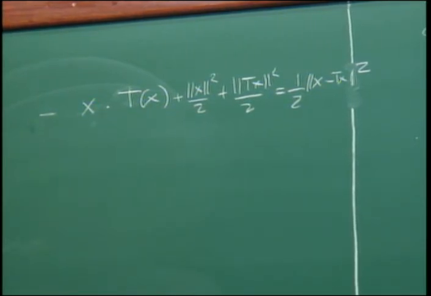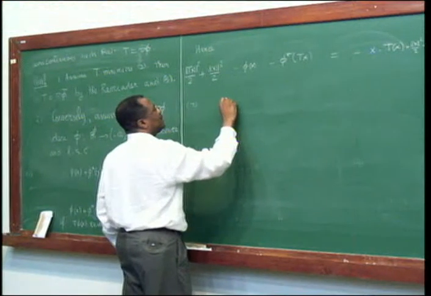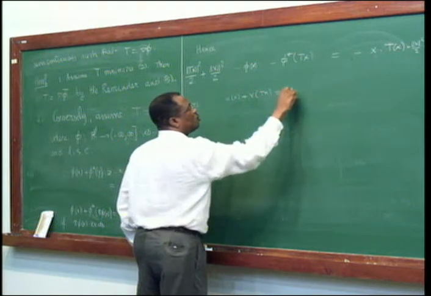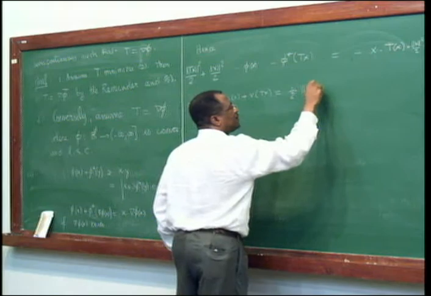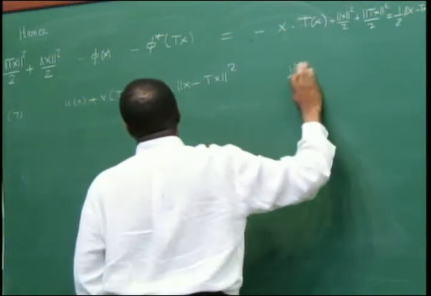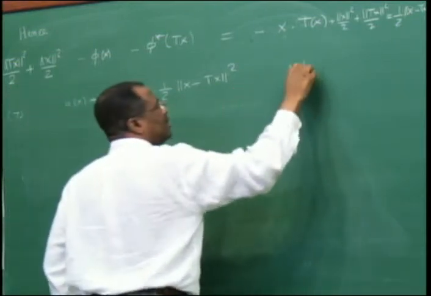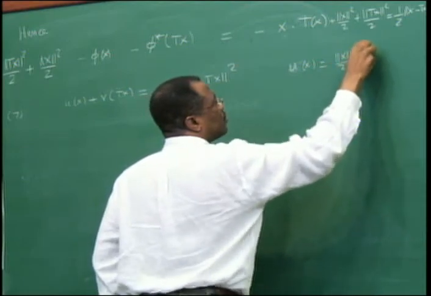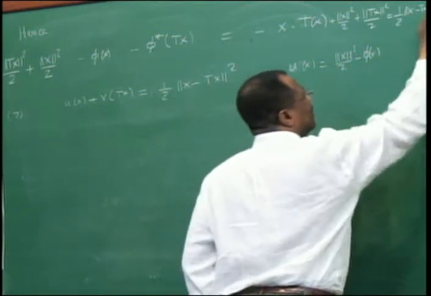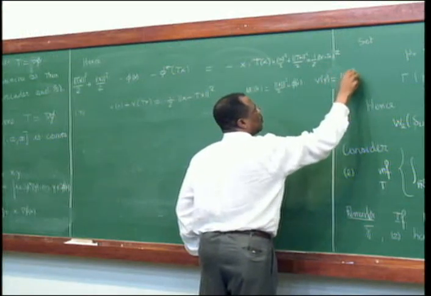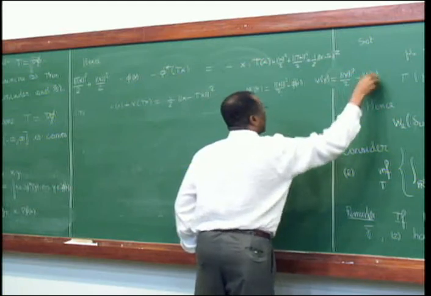So let me repeat what is here, (7). (7) is telling me that u of x plus v of T of x equals one half |x minus T of x| squared, if I set u of x to be x squared over 2 minus phi of x, and v of y to be y squared over 2 minus phi star of y.